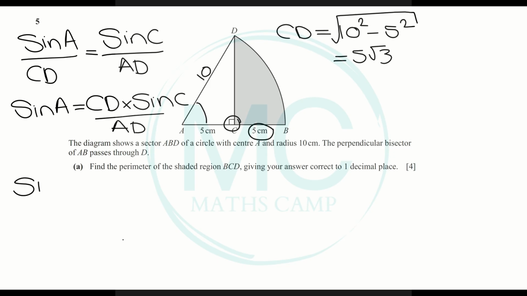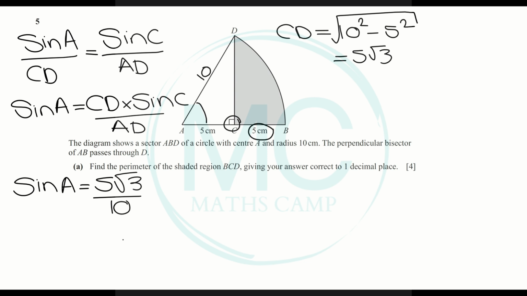And now I can fill in my values. We have sine A, CD is 5 root 3, C is 90 degrees, so sine 90 is 1. So 5 root 3 is our numerator. It's over AD, which is 10.